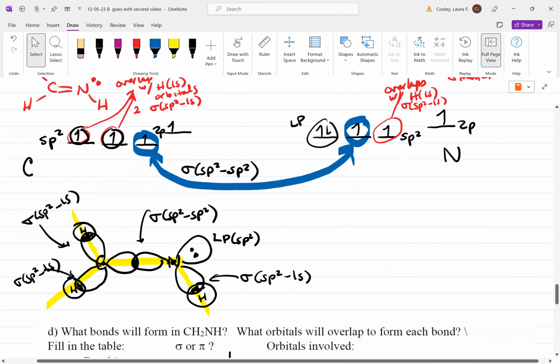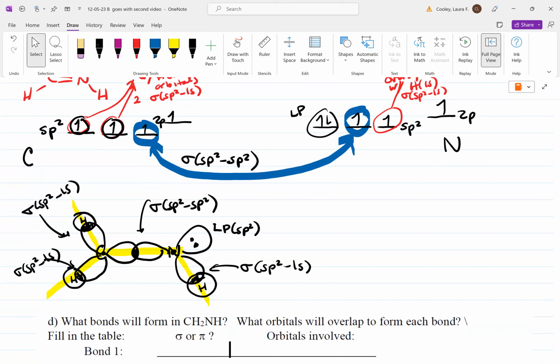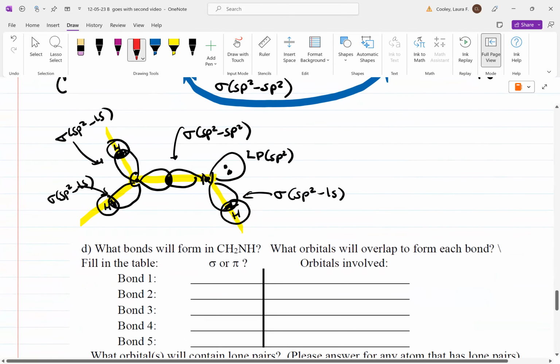All right. And like in the other molecule we just did, I don't know if I did this on the tape, but anyway, I'm doing it again, so that's fine.